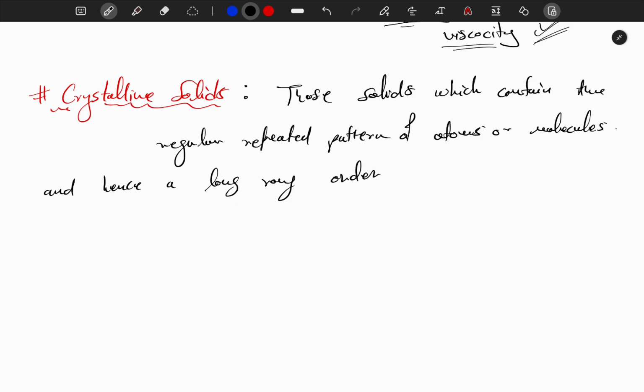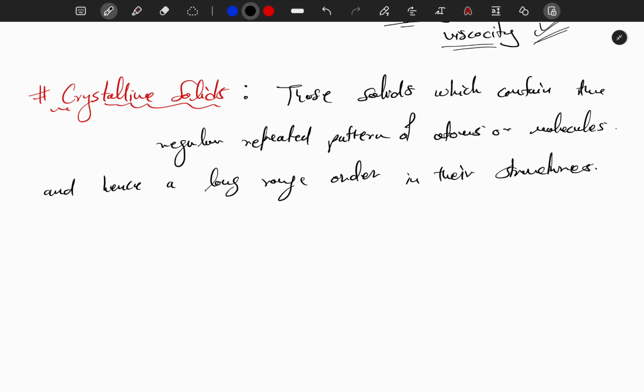So there is a long range order in their structures. These types of solids are called crystalline solids.